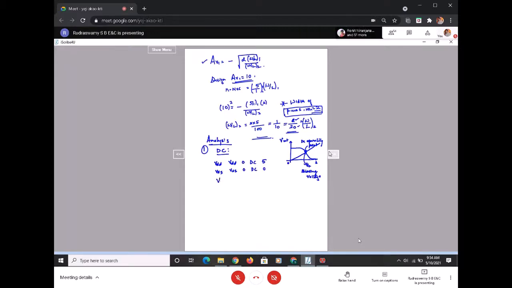Then Vin with respect to the ground reference, DC again 5. Since it is a DC analysis, dot DC, it is the Vin that I am varying from 0 to 5 in steps of 0.1. So this is what my DC analysis will be, and here you will include the models, electric and so on and so forth.